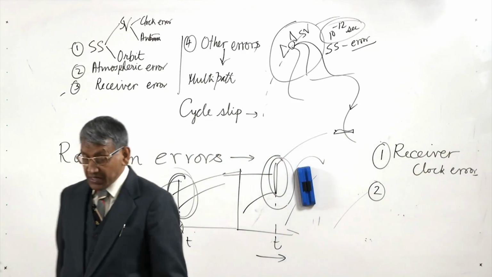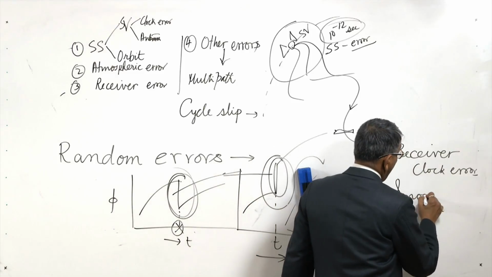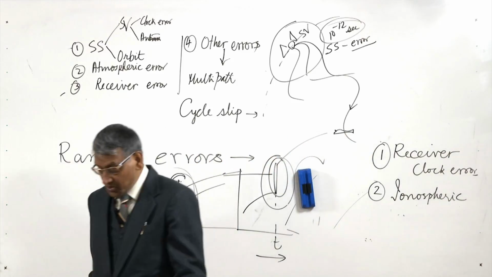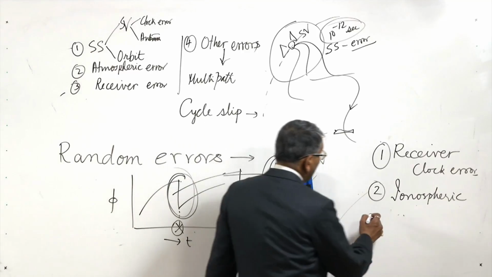Among the other errors, it is the ionospheric error which is most prominent, and it can be avoided by modeling.